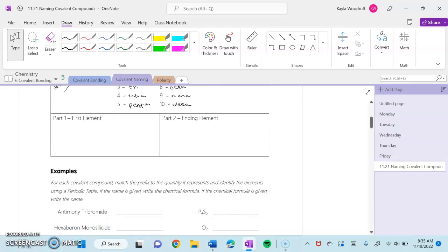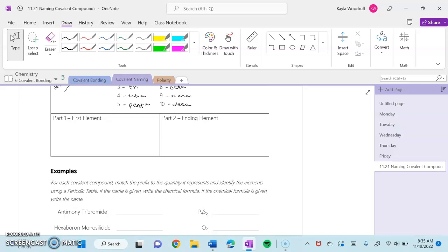Whenever we are naming covalent compounds, we're going to use what we call binary compounds. That means they just have 2 elements. There are other covalent compounds that have 3, 4, 5 different elements in them, and they're named a little bit differently. But this process is for 2-element compounds.